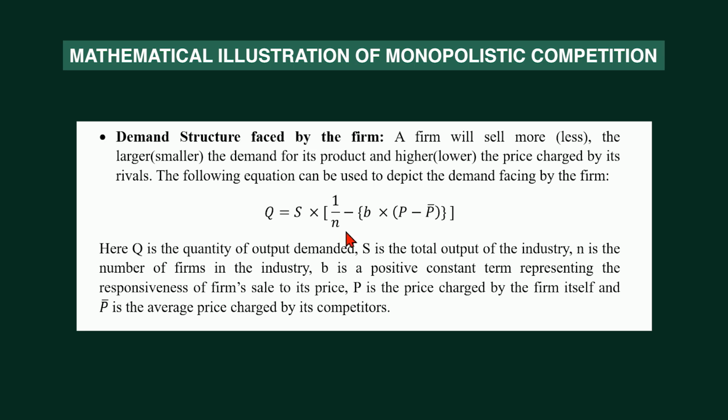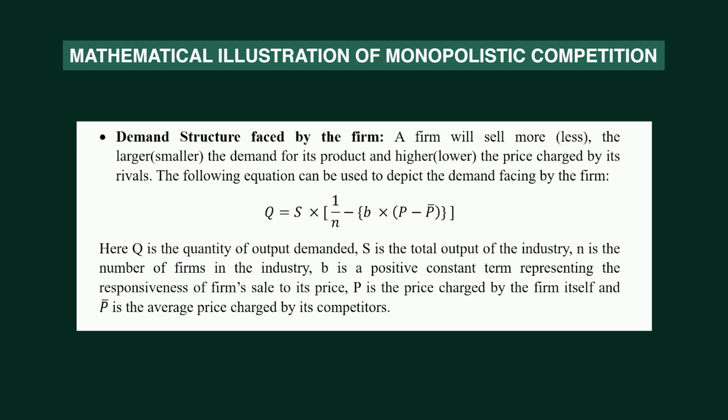So this B multiplied by P minus P bar. This P bar is something new here. So P bar is essentially the price, or the average price, charged by my competitor. If you ask yourself, if your competitor charges a relatively low price, then what is going to happen to your output? If my competitor charges a relatively low price, it means P bar is low.